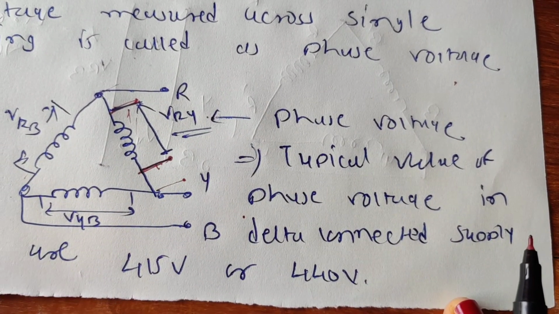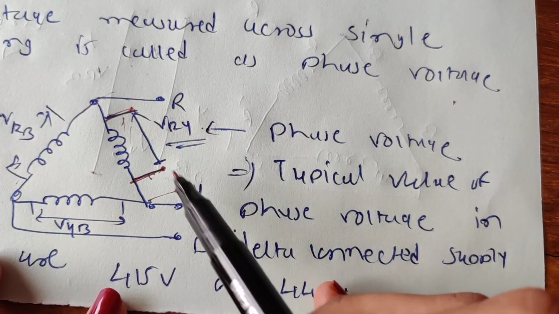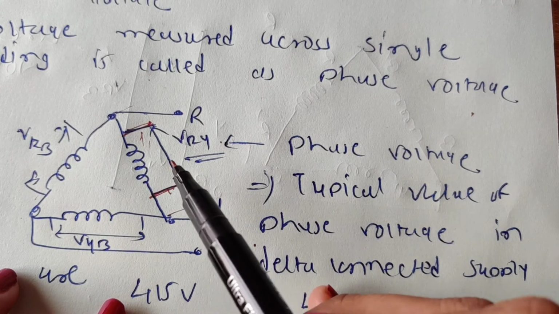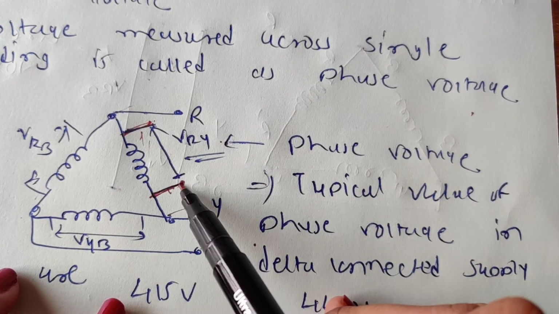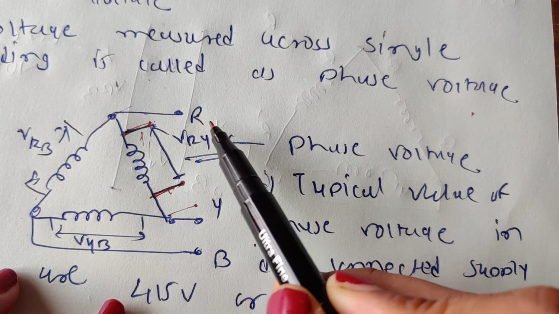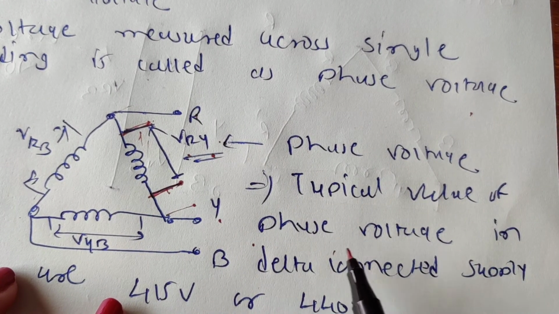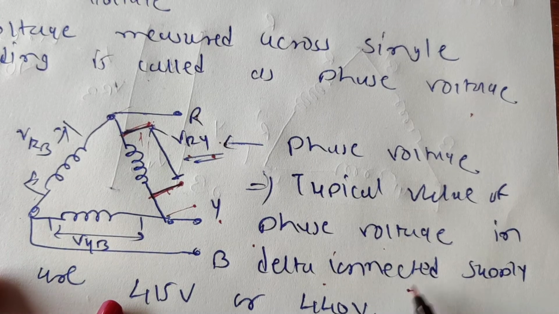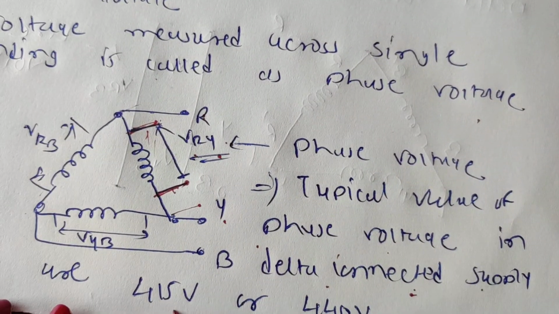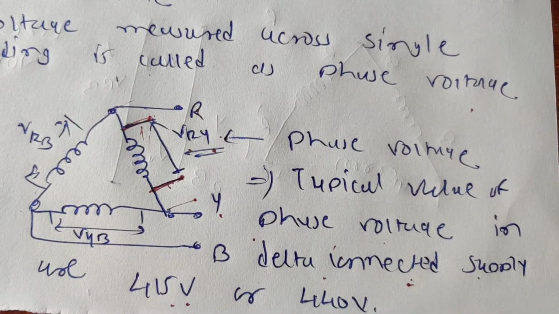Over here, if I measure the phase voltage across this first winding, in which I consider two lines R and Y, it is known as VRY. The typical value of a phase voltage in a delta connected supply is 415 volt or 440 volt.